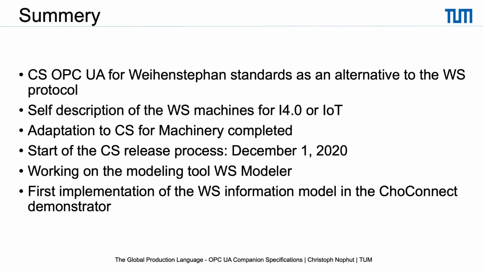So we can say with the companion specification for OPC UA for the Weihenstephan standards, we have an alternative for the existing WS protocol with the self-description of the machines. We are going one step closer to an IoT and Industry 4.0 world, in which every server describes itself to the world.